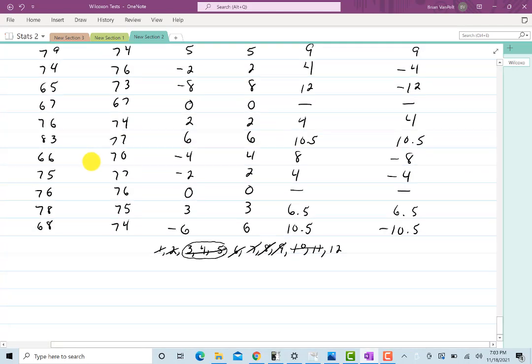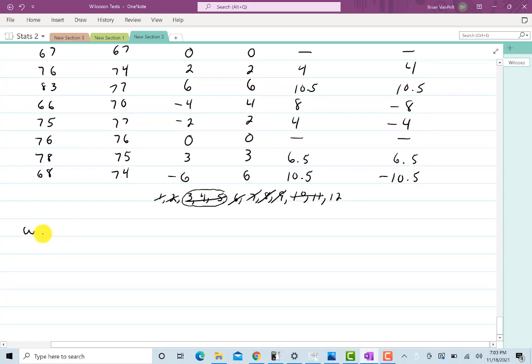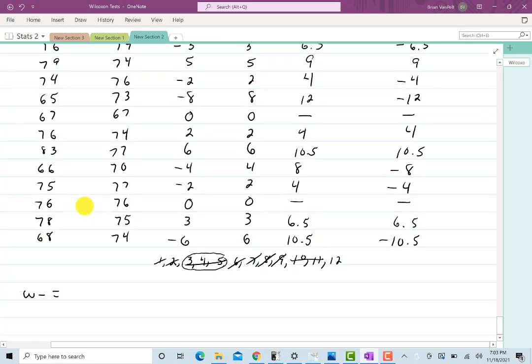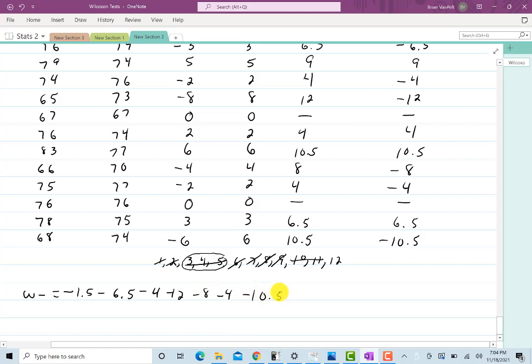Now let's take a look at the negatives versus the positives. The negative values, let's put those all together. I'm going to have negative 1.5 minus 6.5 minus 4 minus 12 minus 8 minus 4 minus 10.5. This looks like a plus 2 here, so I'm going to fix that to make it look like minus 12. Let's pull up the calculator and let it do this for me.